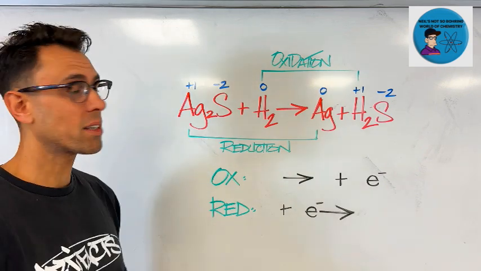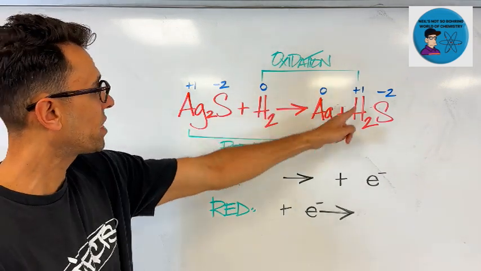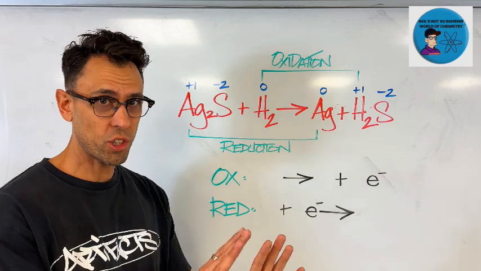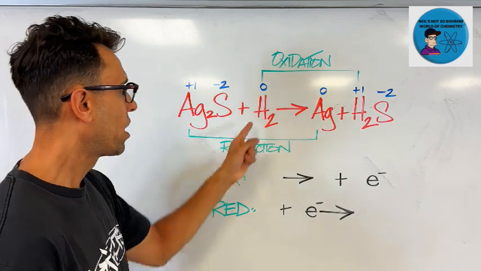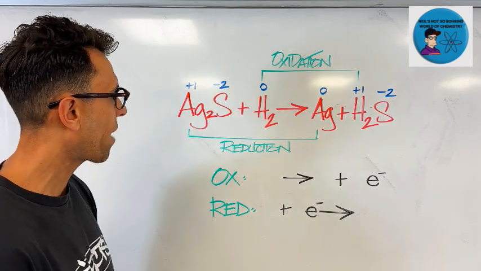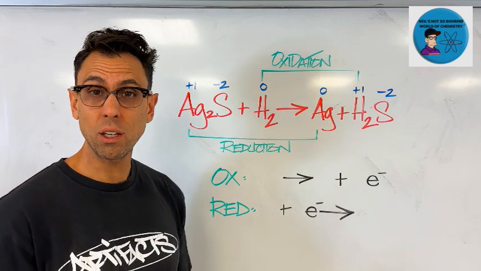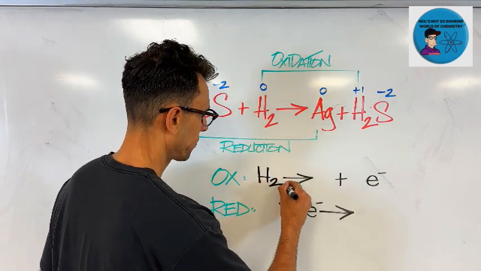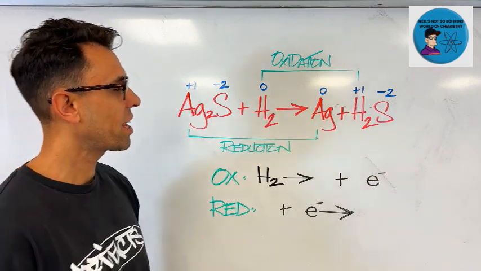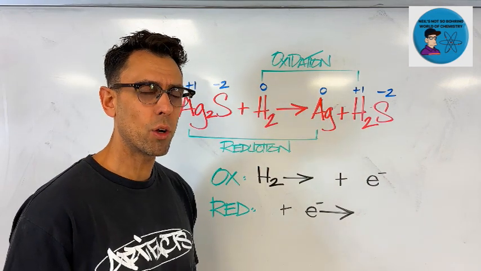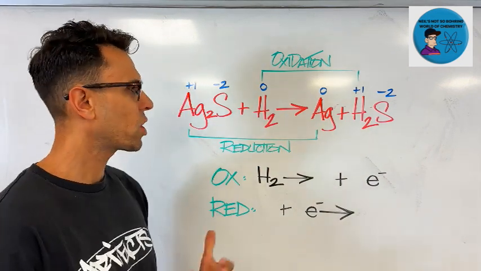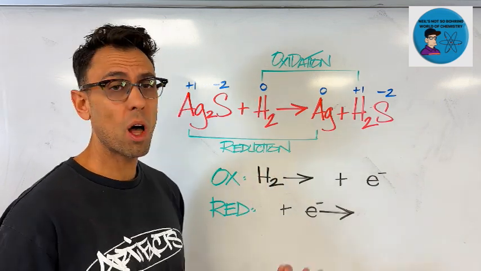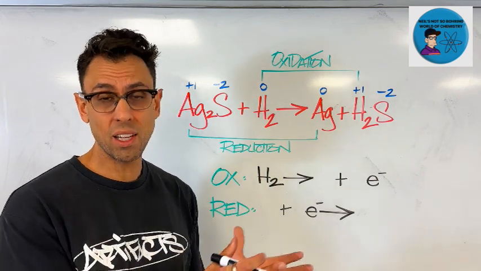Okay, let's start with oxidation first. So we're focusing on what's happening to hydrogen, just hydrogen, nothing else. It looks like hydrogen is starting off as a diatomic gas, as it often does, with H2. And we're going to then look at the hydrogen on the right side of the arrow and ask ourselves, what's going on with the hydrogen there? Well, it's no longer H2 as a diatomic gas, right?